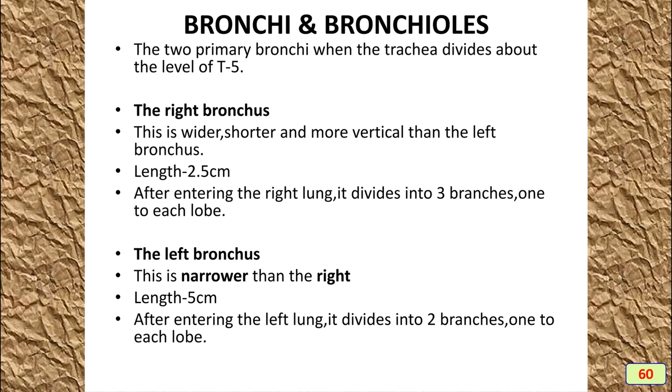So bronchi and bronchioles are the divisions of the trachea, and the right bronchus and the left bronchus go into the respective lungs, the left lung or the right lung. They have different structures and sizes also.